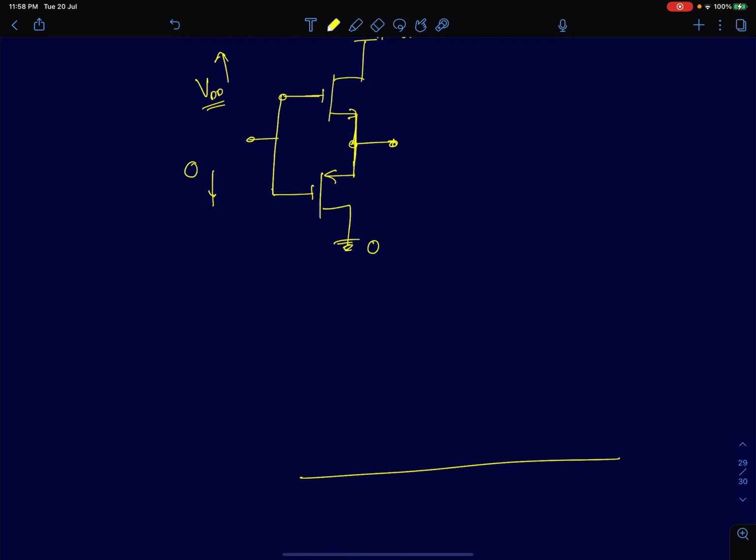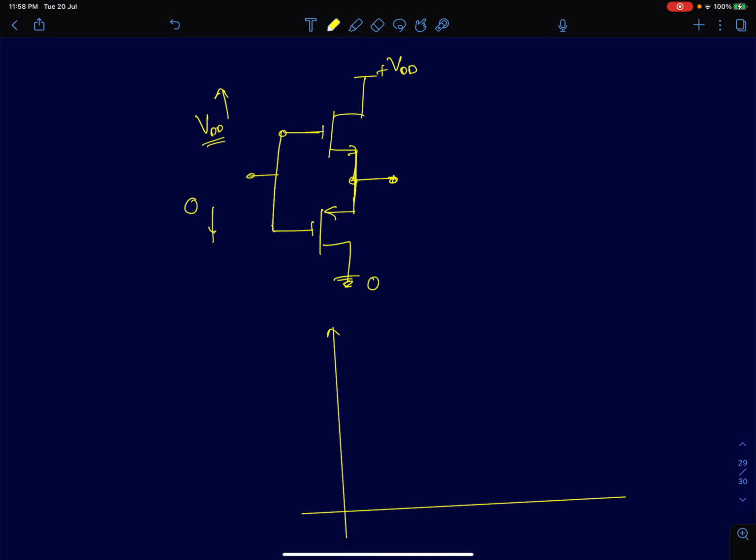To plot that response, we'll revisit our initial assumptions. Initially, if I assume this node to be at 0, we said that output can be at mod VTP because your PMOS discharge path becomes inactive. After that, the device goes into cutoff. But if your input can go to lower voltages, then of course there is sufficient VT for this PMOS to conduct, so output will also decrease.